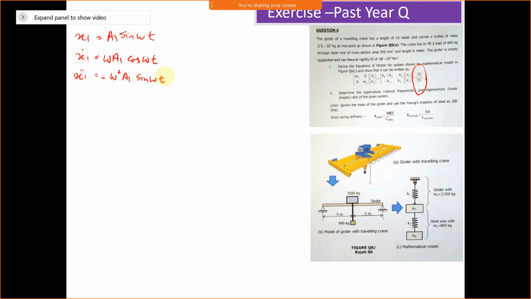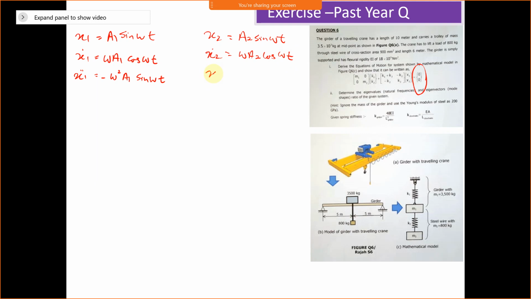Okay, and sama juga dengan x2. We have x2 equals to A2 sin omega t. Differentiate x2, then we get velocity to omega A2 cos omega t.